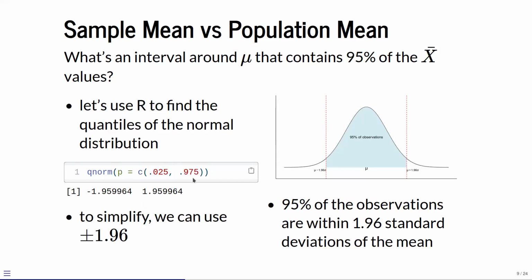If we do the calculation, we see that the quantiles are approximately minus 1.96 and plus 1.96, which means that in a normal distribution, 95% of the values are within 1.96 standard deviations of the mean. Because the sample means are normally distributed around the population mean, we can say that 95% of the sample means are within 1.96 standard deviations of the population mean.